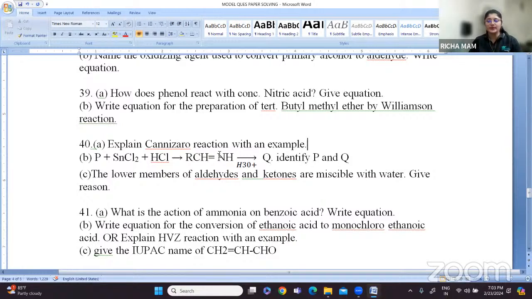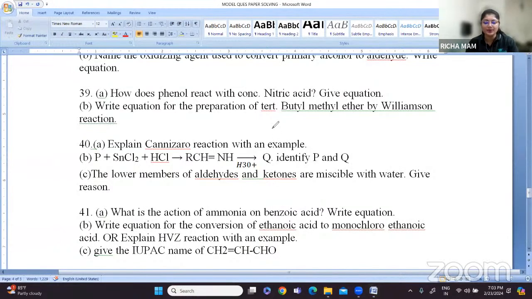So what is the explanation? When an aldehyde which does not contain alpha hydrogen reacts with concentrated alkali, it undergoes self-oxidation and reduction and gives you alcohol and carboxylic acid salt. So what will be the equation?